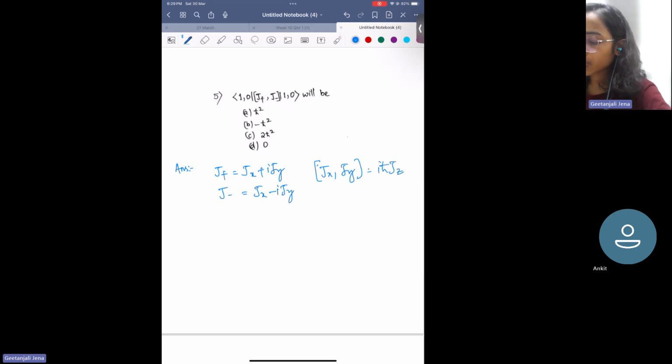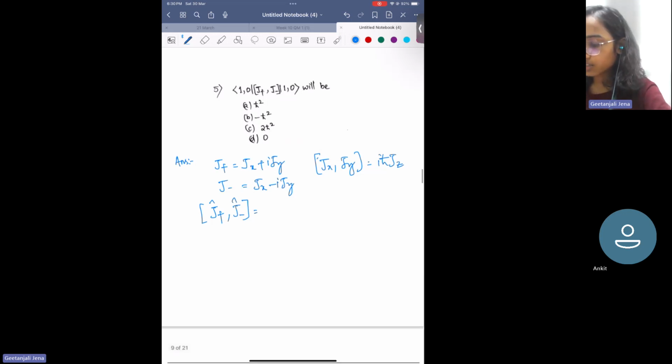So using all these expressions, you can easily find out the commutation relation for J plus and J minus. So you don't have to remember all the commutation relations. You just have to remember the basic one, so that you can find out the commutation for the other expressions.